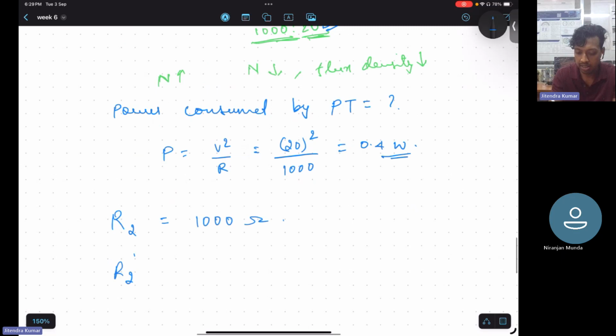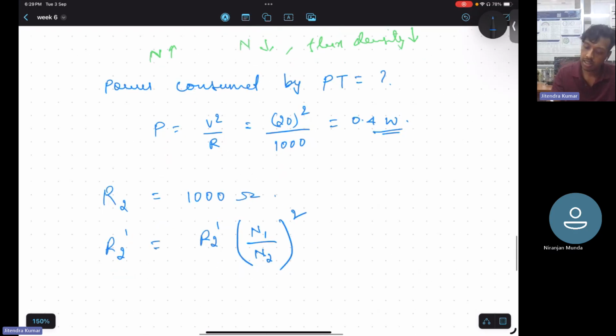We need to find R2 dash. Since it is being referred to the primary side, that will come in the numerator, and the side from which it is getting referred will come in the denominator, and you have to take the square. Sorry, here it should be R2 only.